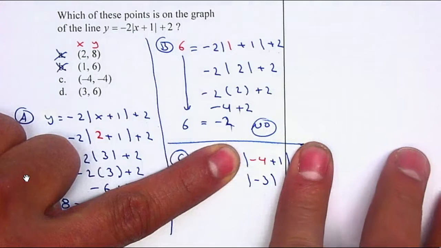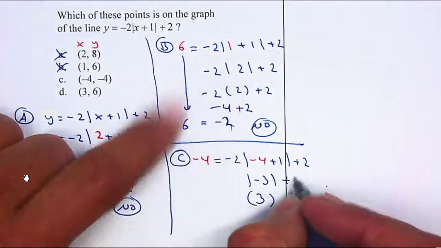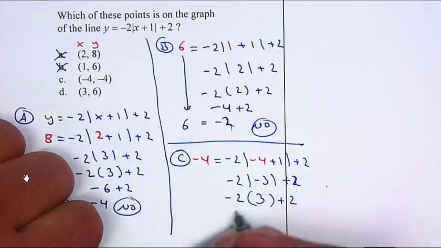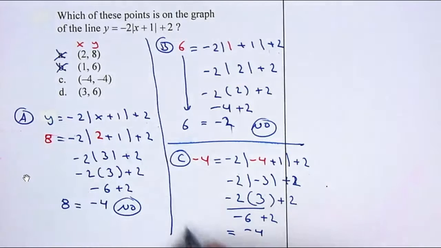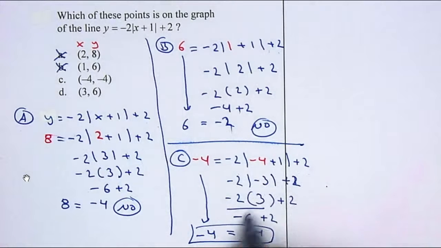Remember, you want to simplify: the absolute value of negative 3 is positive 3. We have plus 2, and we have a negative 2 times 3. That gives me a negative 6 plus 2, negative 4. Is that equal to negative 4? Yes. And double check. Did I do everything correctly? Yes. So your answer is letter C.